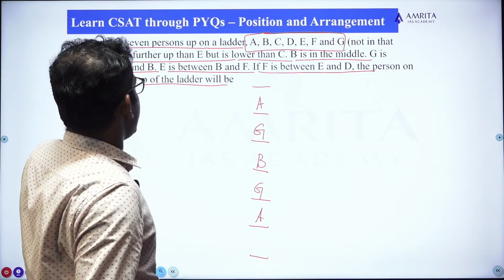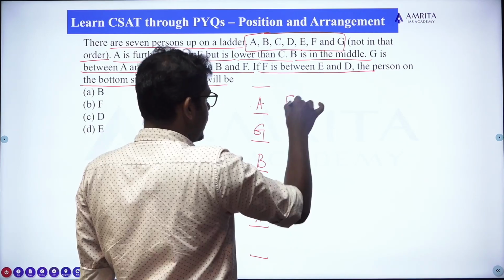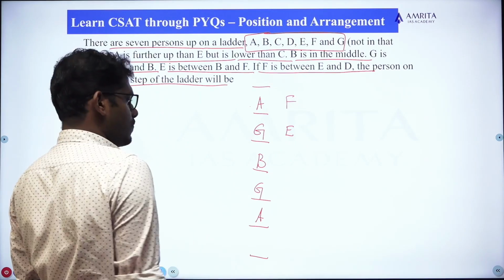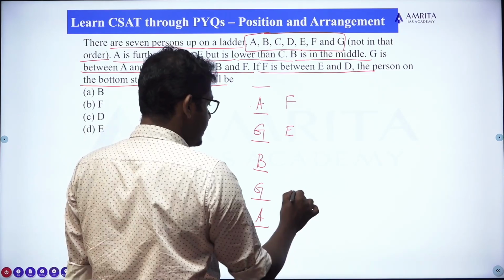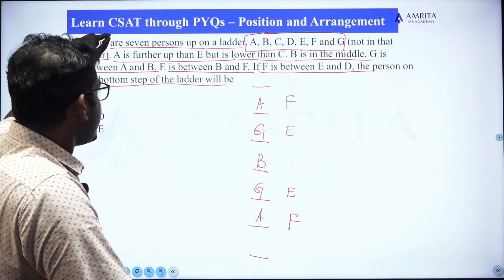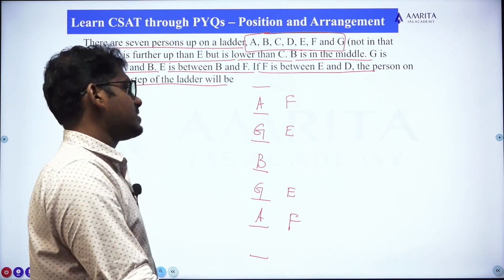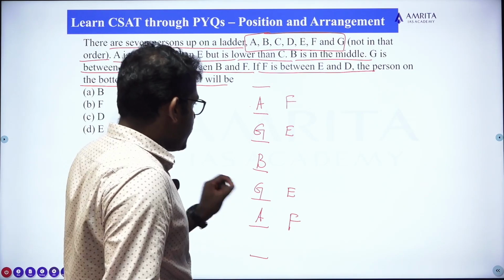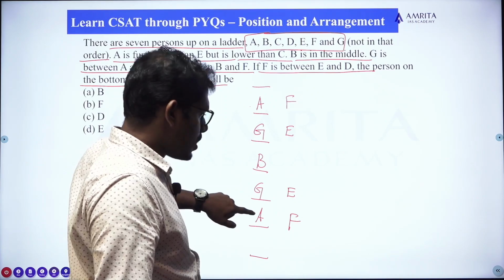Then the next possibility: E is between B and F. So F can be here, and if F is here, then E will be in between B and F. F can also be here, and then E will be between B and F. But there is another condition: A is further up than E, but is lower than C. It says A is above E, which means that A should come here and not here.